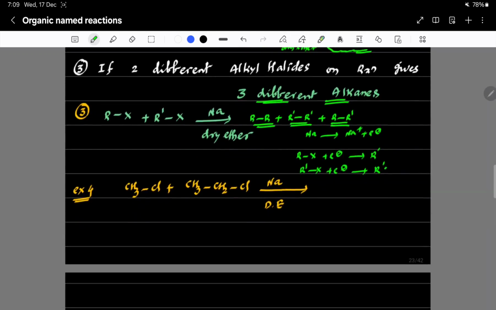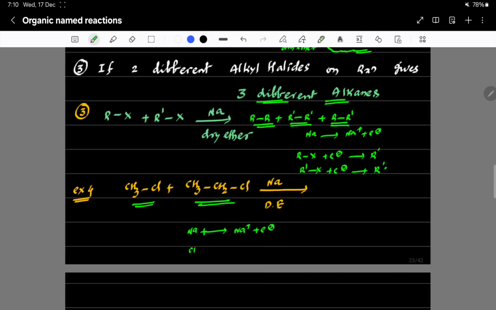For example, if we have methyl chloride reacting with ethyl chloride, two different alkyl halides, in the presence of dry ether using sodium metal as a source of electron. Sodium loses an electron to form Na plus and an electron.